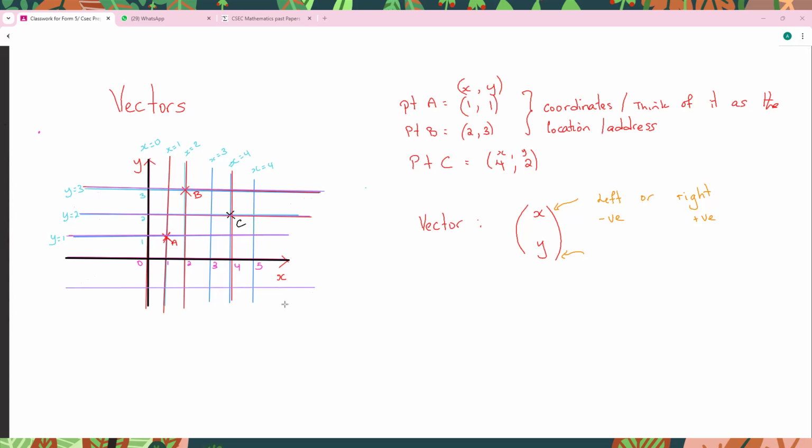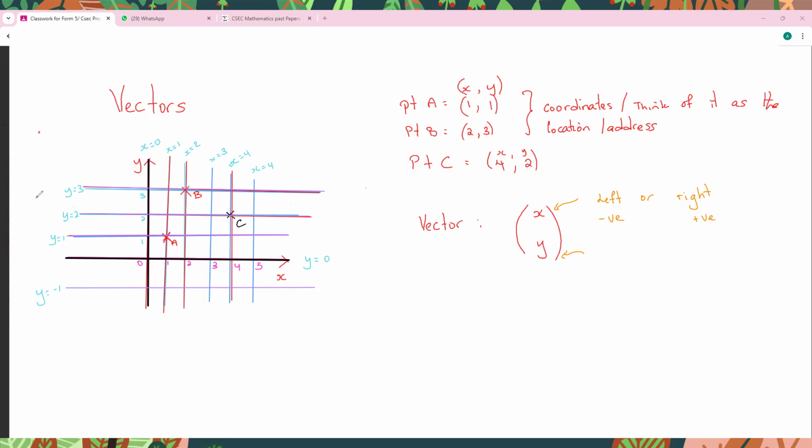Below here will be y is equal to -1. So with that being said, that means your x-axis is actually where y is equal to 0. Right? So your x-axis is actually where y is equal to 0.